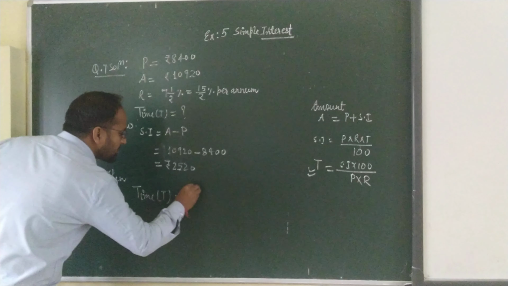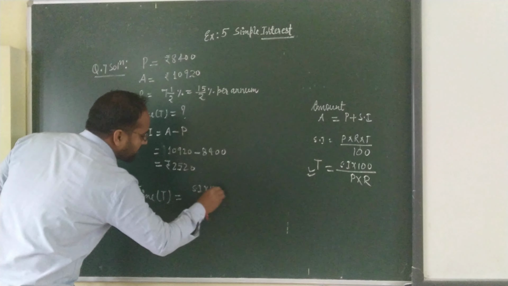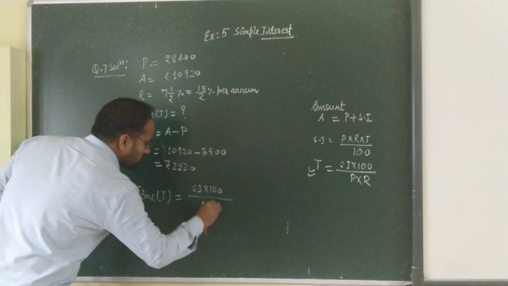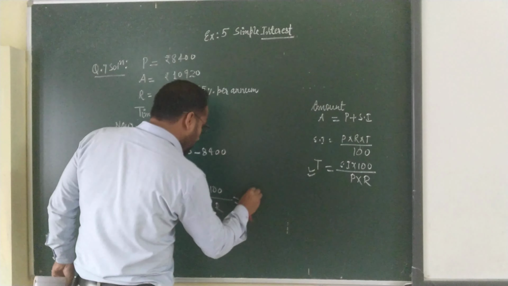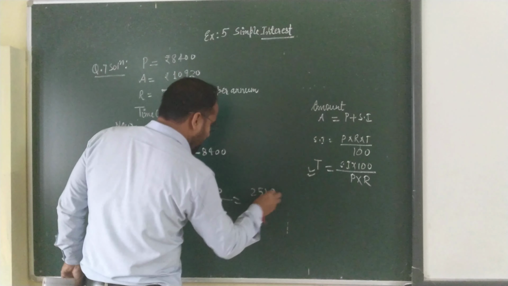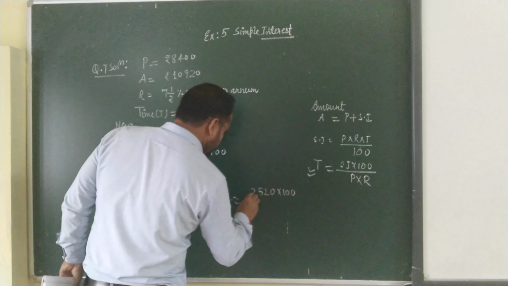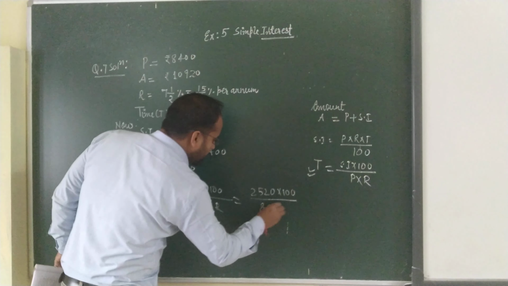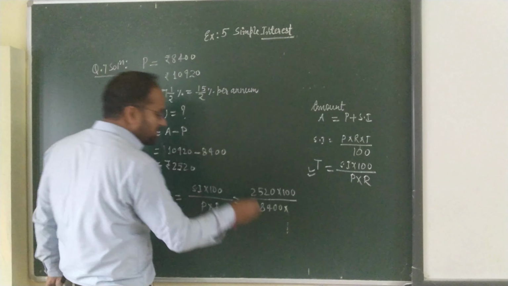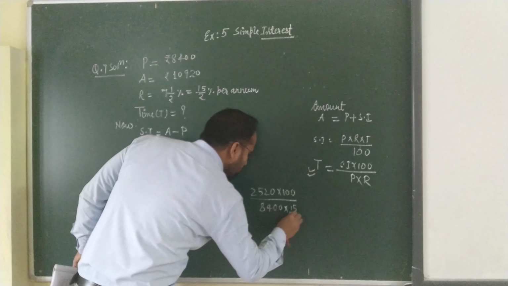All the values are given. SI we have calculated, 2,520 multiplied by 100 upon P, which is 8,400, multiplied by the rate of interest, 15 by 2.